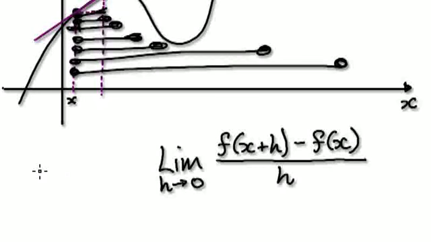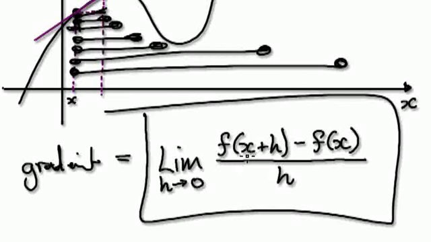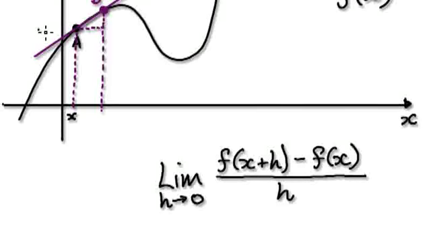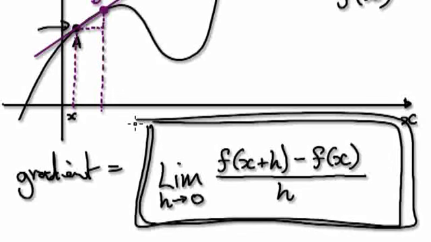So really, we can say the gradient at A is this thing here. Force h to head towards 0, and then you get to a point where you can say the gradient at A will be given by this. So the gradient equals this whole thing here. I will elaborate more on this in the next video.